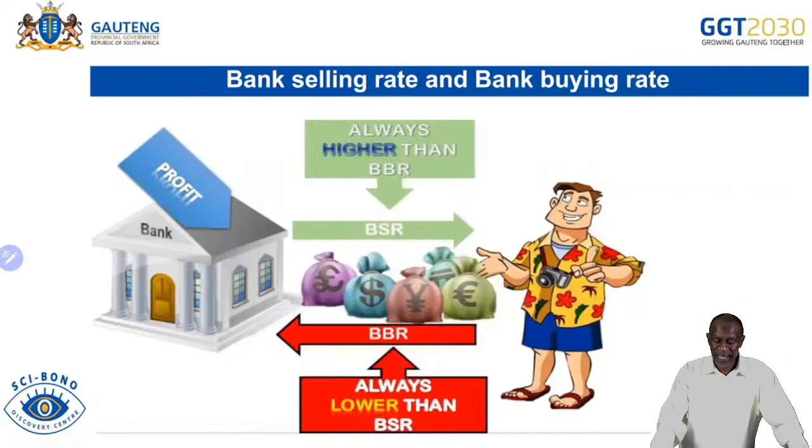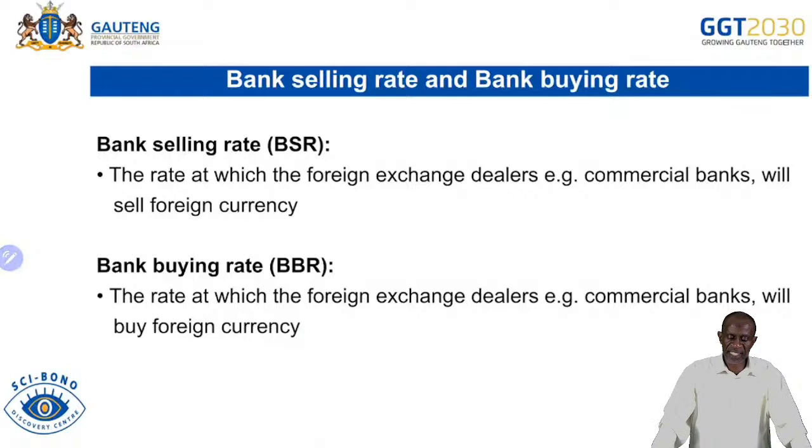So hence we say the bank buying rate is always lower than the bank selling rate. This is what will help you to identify which exchange rate you will use. We'll talk more about this when we do the actual calculation and see how this is applied.